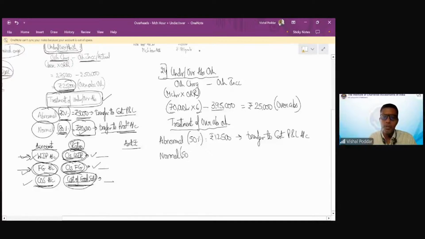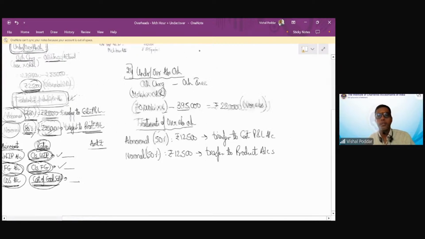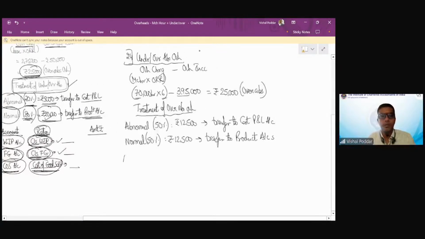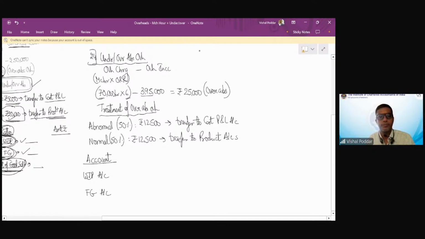The balance 50% is normal, which in this case comes to 12,500, for which I will transfer to the product account heads. What are these? That we will again show here. So the account heads are WIP, finished goods, and my COS.